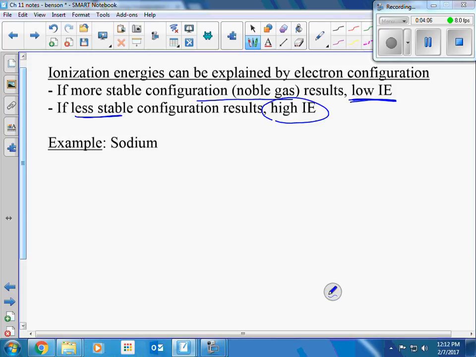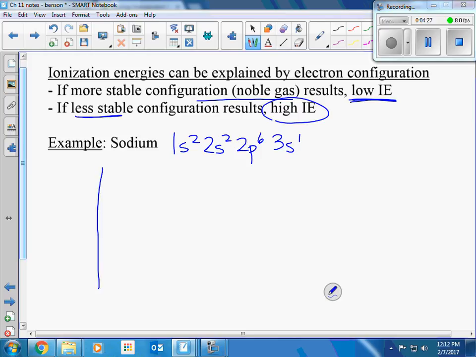So if we take a look at sodium and write down its electron configuration first, you would see that it's 1s2, 2s2, 2p6, 3s1. Remember, keep adding up all these superscripts. 2 plus 2 is 4, plus 6 is 10, plus 1 is 11, and the atomic number for sodium is 11.